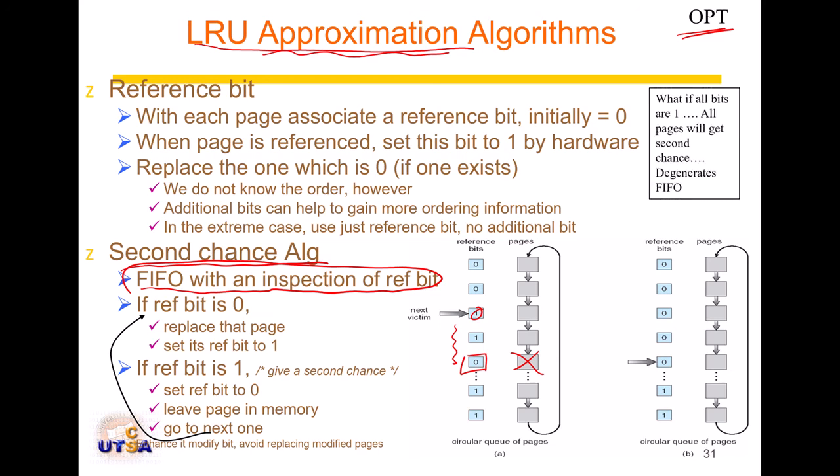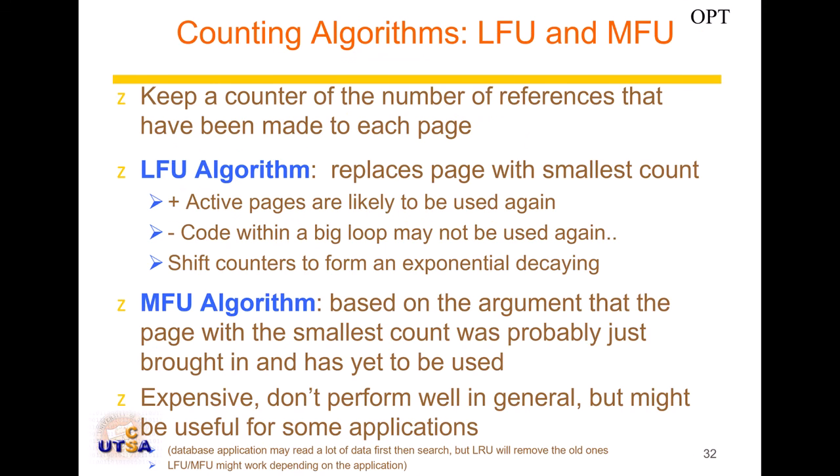Researchers also propose different page replacement algorithms, because depending on your application, some of these generic algorithms may not work well. For example, least frequently used pages can be replaced, or most frequently used pages can be replaced. All of these have the same idea: you have to keep track of which page is least frequently used and which page is most frequently used.